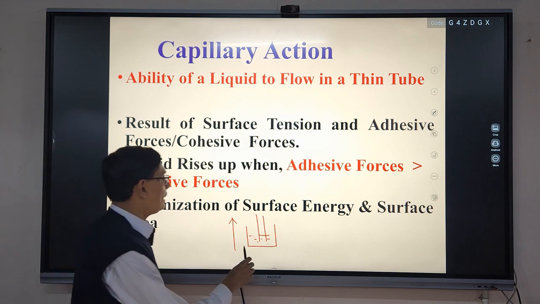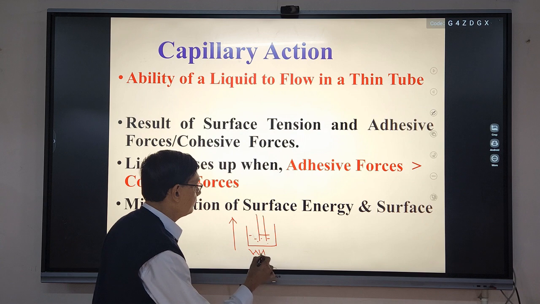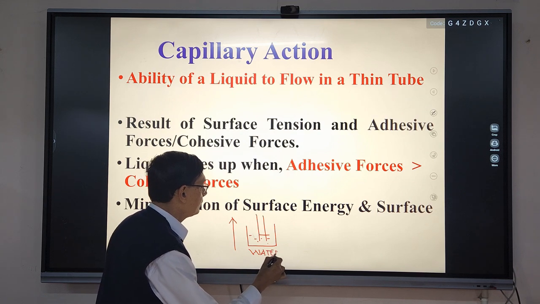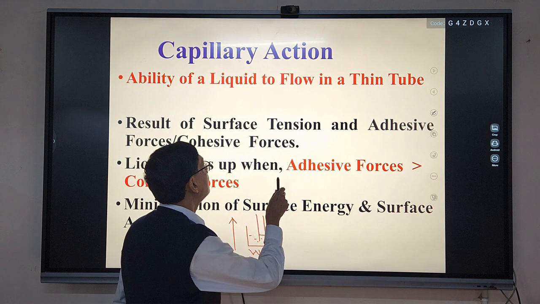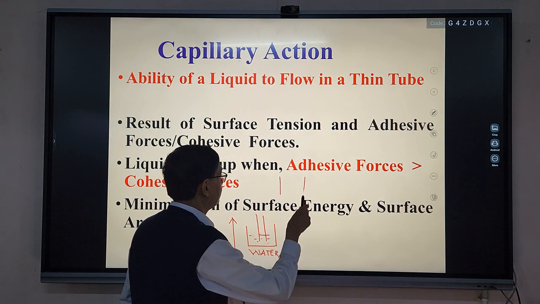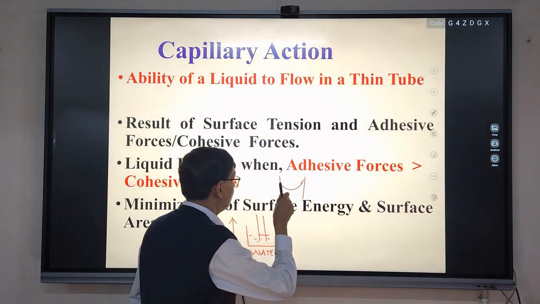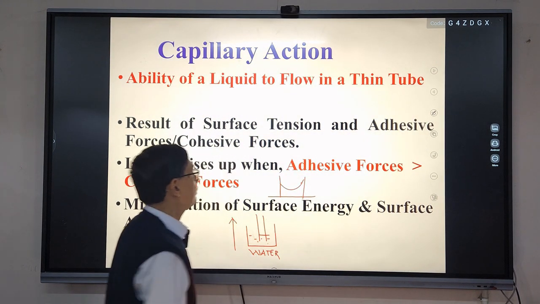Now if I take water, I will see such a thing, the formation of a meniscus.